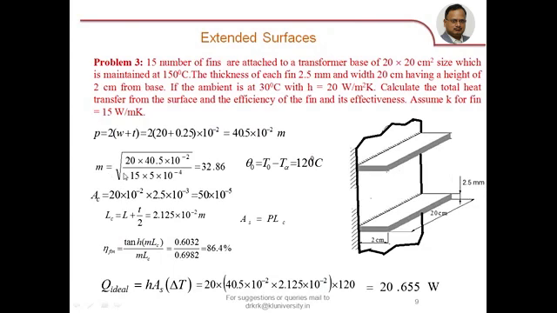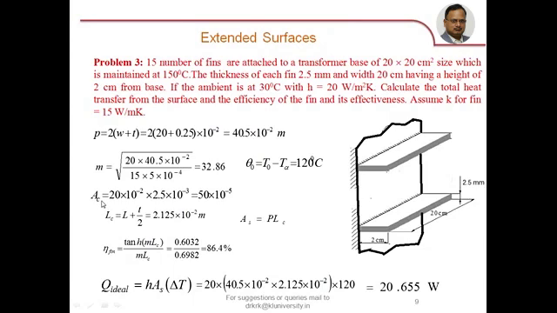Now m is equal to square root of h P by kA. K, thermal conductivity of the fin material, is given as 15 watts per meter Kelvin, into 5 into 10 power minus 4. You got 32.86. And theta naught, temperature difference at the base, is 120.